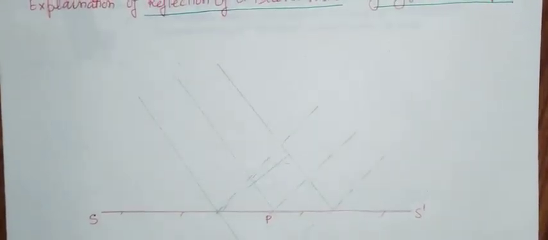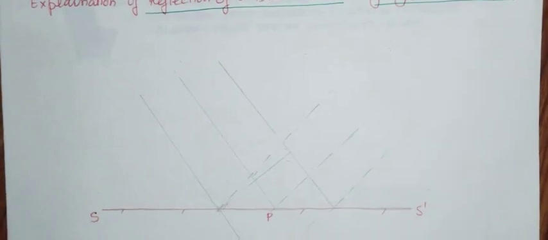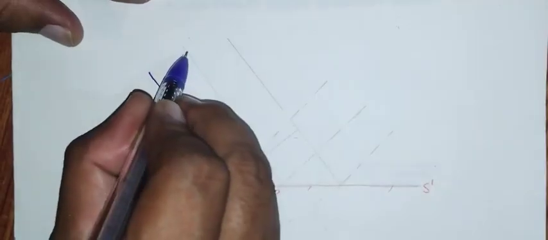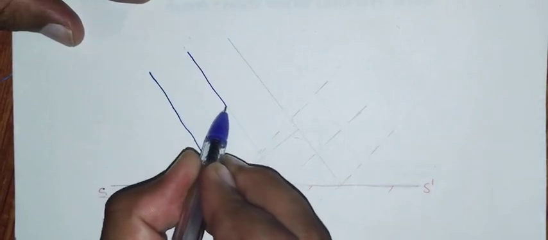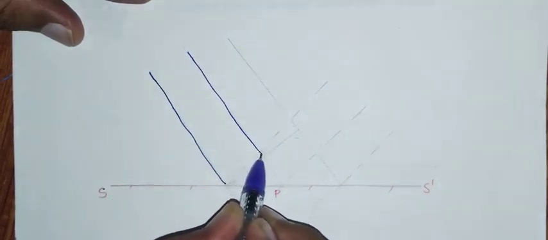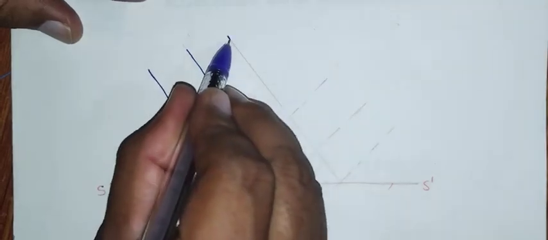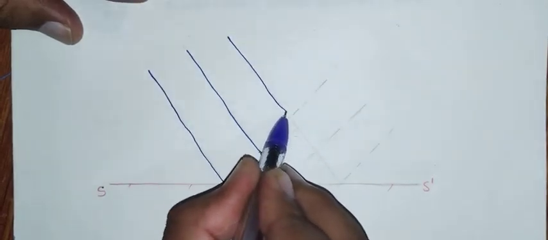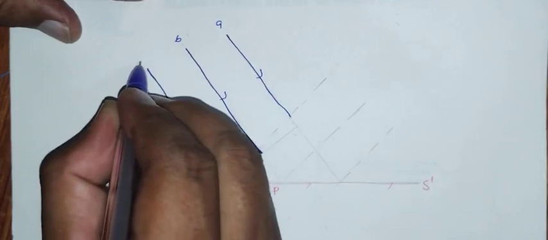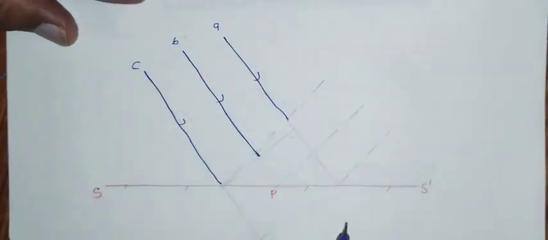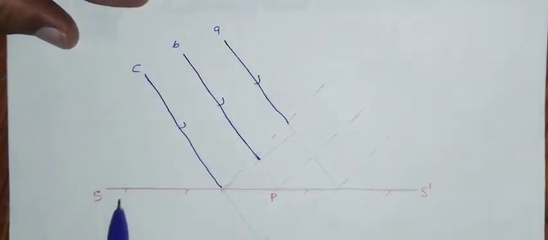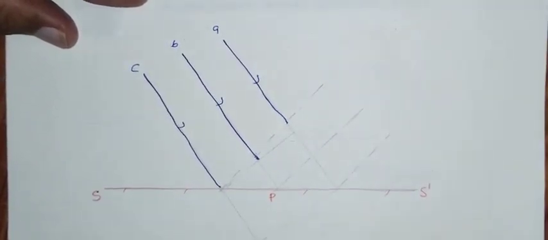Suppose the ray of light B C is allowed to fall on the reflecting surface S P S dash.